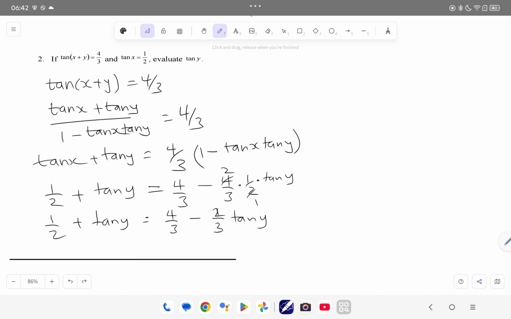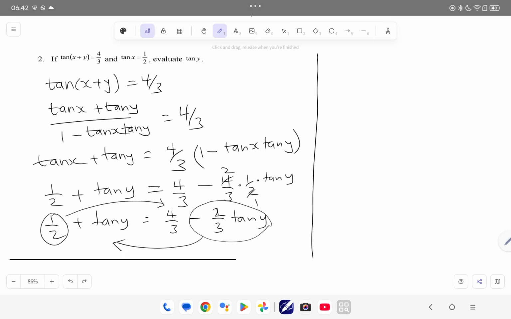So I need to collect terms. This can go to the left while this comes to the right. I will have tan y plus 2 out of 3 tan y to give us 4 over 3 minus a half. tan y plus 2 over 3 tan y, we shall get 5 out of 3 tan y.